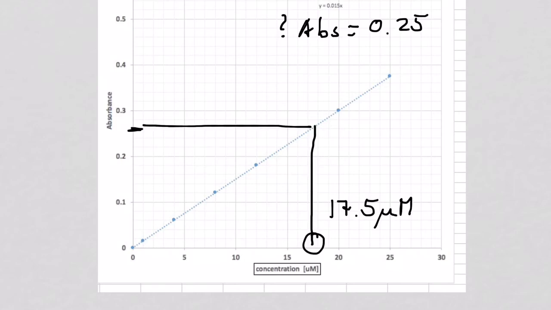We do a second measurement of another sample, and in our second measurement we get an absorbance, and I write this here. Absorbance is 0.45. What actually is the concentration? Can you read that?